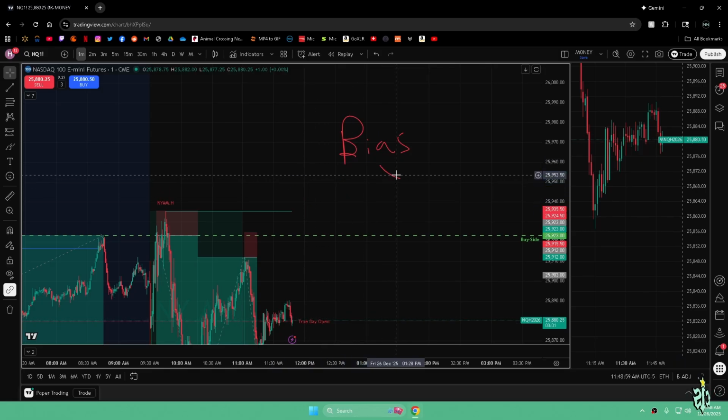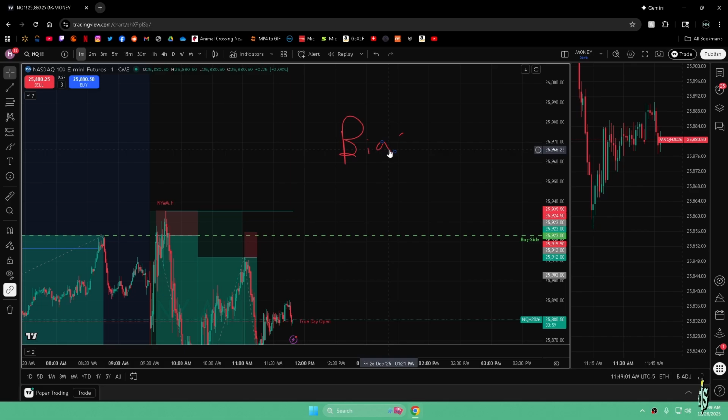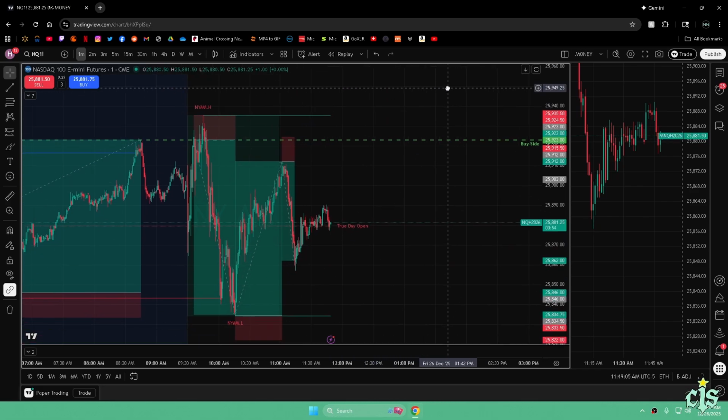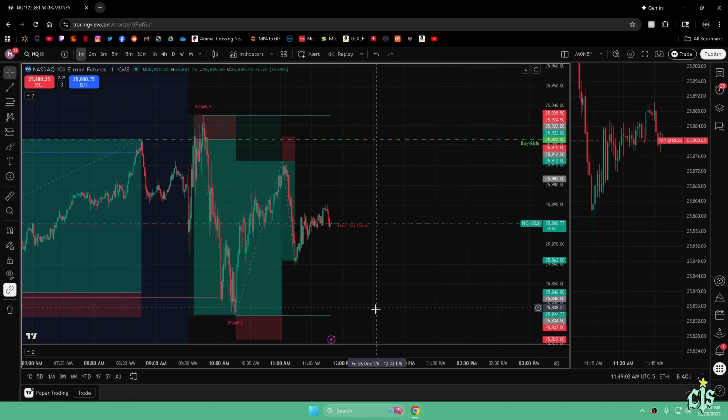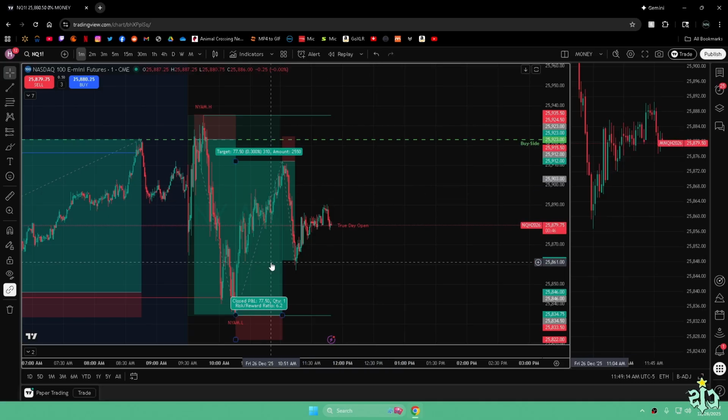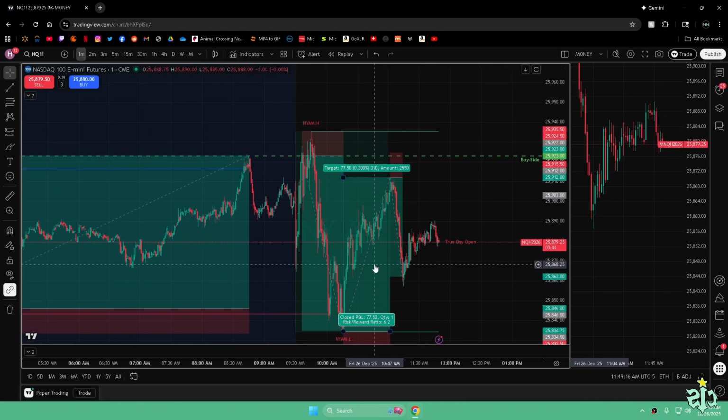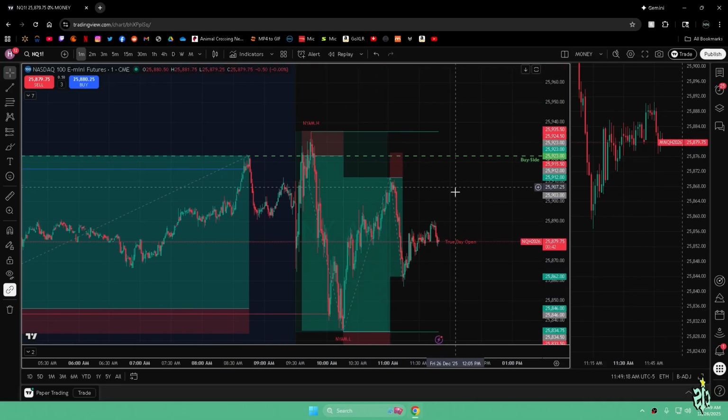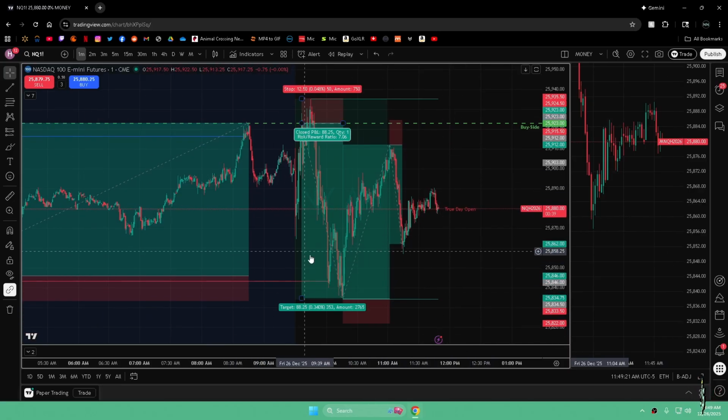Now, with this model, you want to change your bias based on where range imbalances are, if they do get taken, or where buy side gets taken, then you would change your bias. Now, not to say that you want to change your bias repeatedly over and over. It's just about knowing the market.